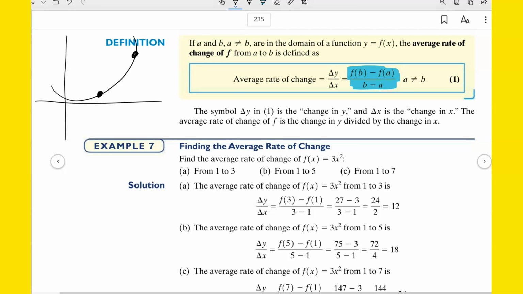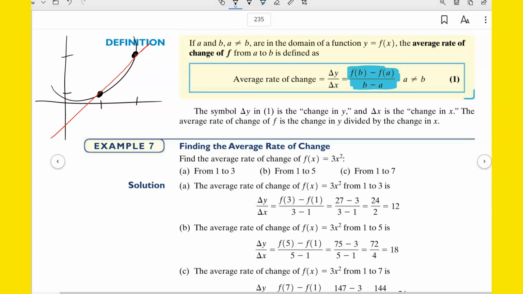Like how much did this function change over this interval, by an average of what? So what we're doing with an average rate of change is we are finding the rate of change as if it were a line instead of a curve. So we're finding the slope of this line, and that's the average rate of change of the curve from this point to this point.